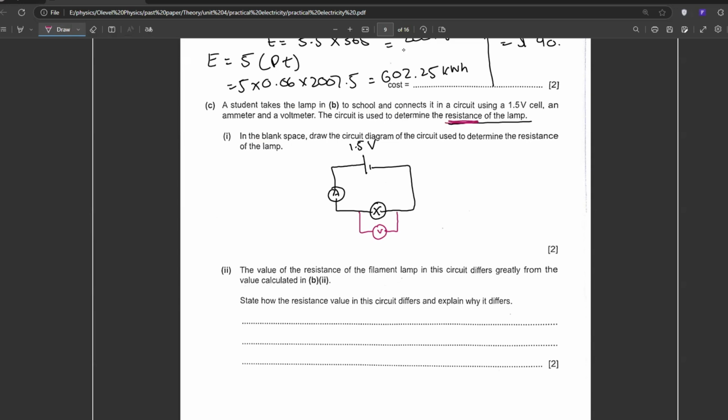The value of the resistance of the filament lamp in this circuit differs greatly from the value calculated in B part 2. State how the resistance value in this circuit differs and explain why it differs. The resistance value in this circuit differs. Why? Because the filament lamp is at a lower temperature.